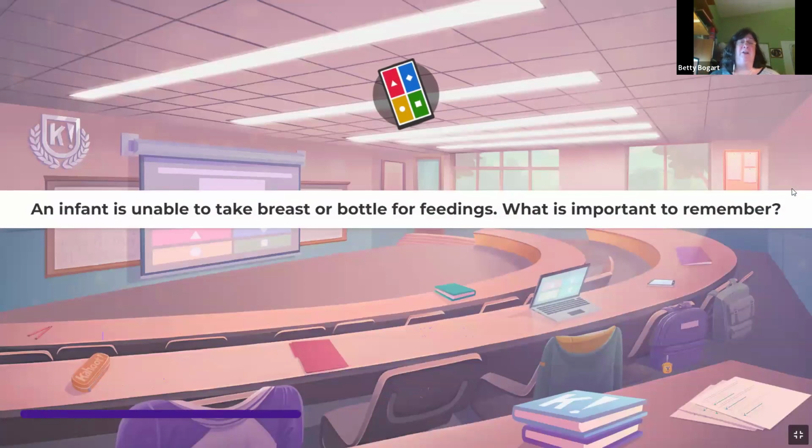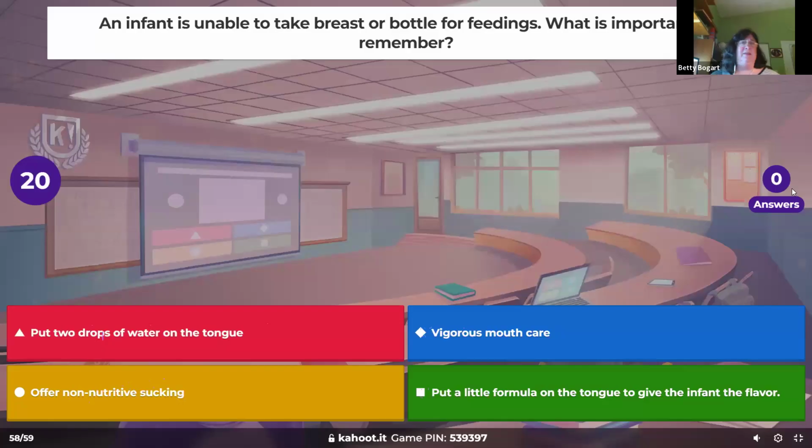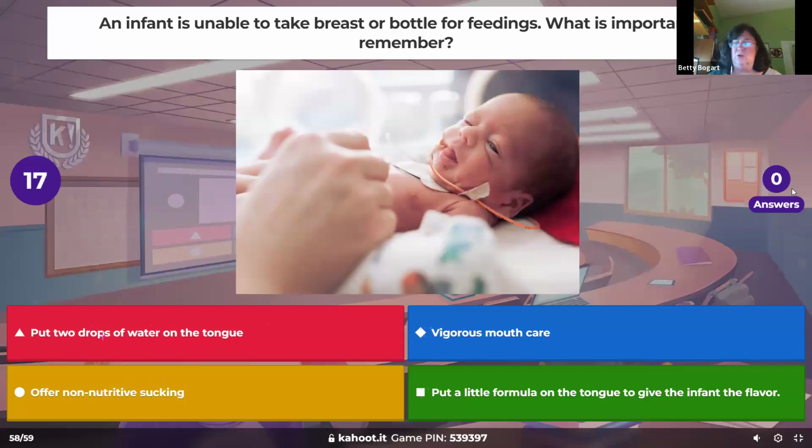An infant's unable to take breast or bottle for feedings. What's important to remember? Some children are born and, due to their condition, cannot feed by mouth. And we still have to remember growth and development, right? So what do we need to do? Think about what the mouth provides an infant and children.